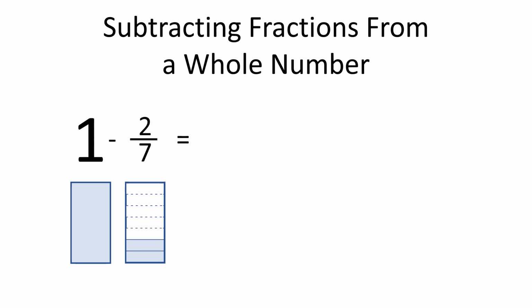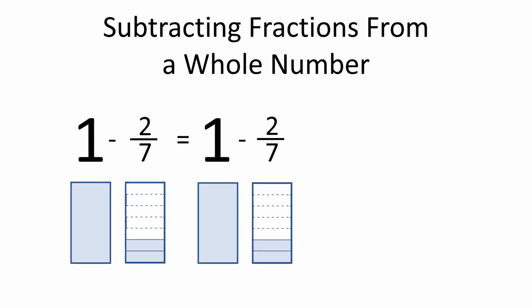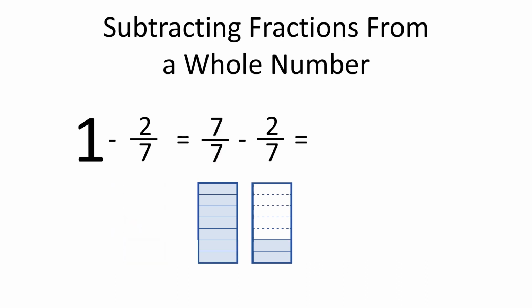To answer this question, first we have to represent 1 as a fraction. As we are subtracting 2/7 from 1, we will divide the whole into 7 equal parts. Thus, we will represent 1 as an improper fraction of 7/7. This way, we have 7/7 minus 2/7.